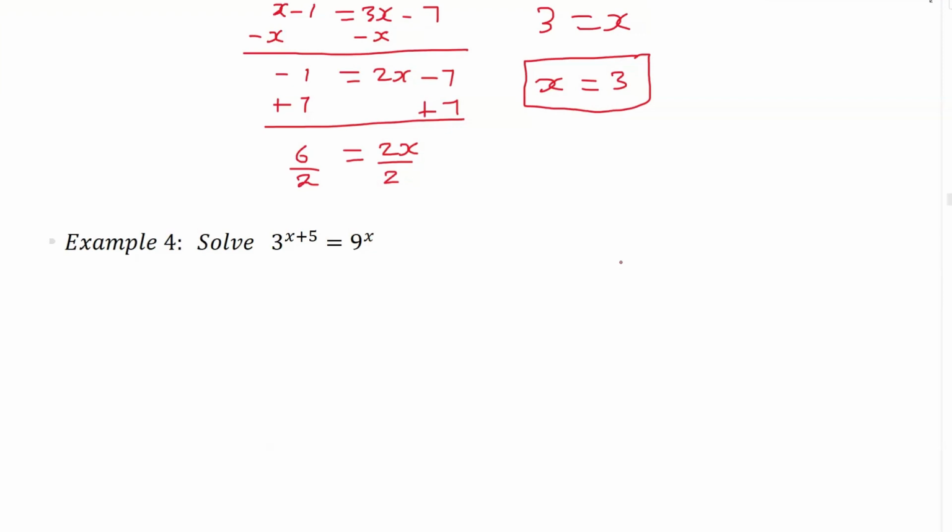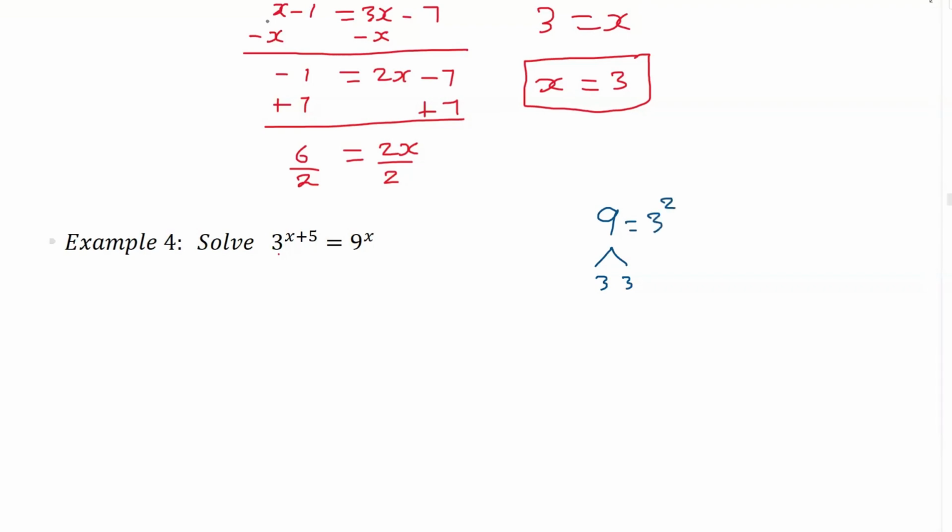So now this one has an x, but we're just going to change the 9. And don't forget your rules of exponents because we're going to need it here as well. But first, we're going to take the 9 and write it as base 3. So 9 is 3 times 3. So 9 is 3 squared.